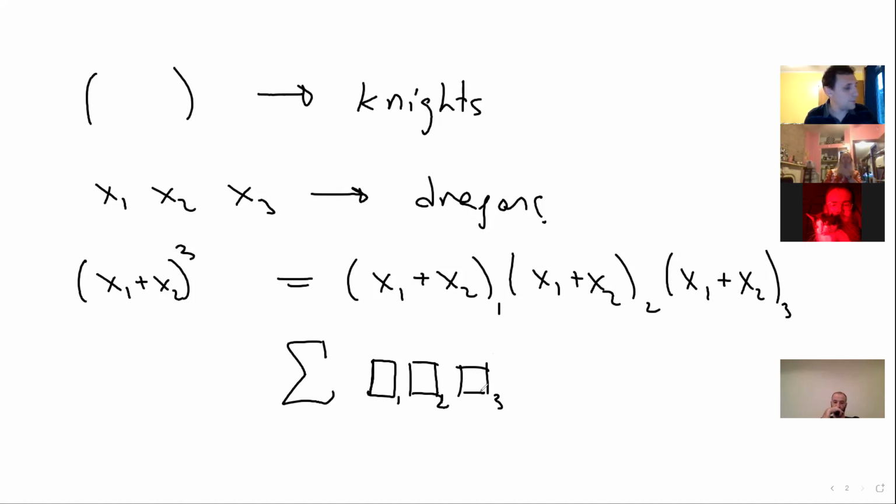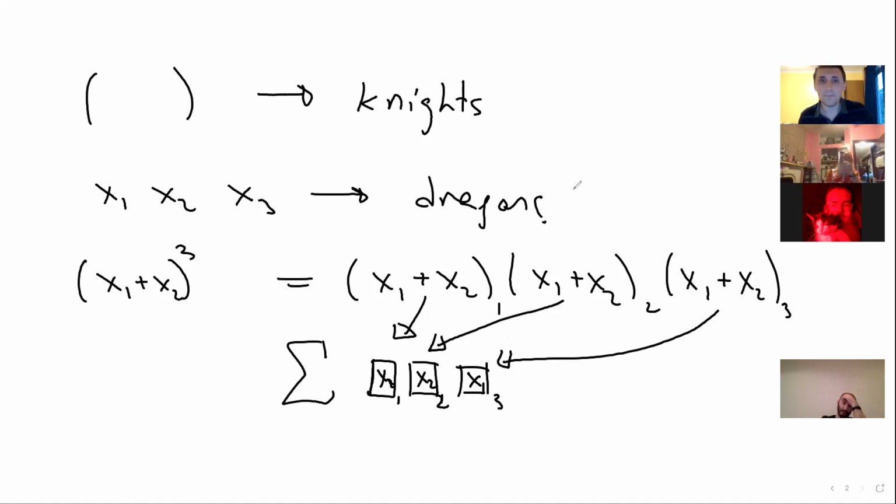So for instance, if I fill the first box with x2, and the second box I fill with x2, and the last one I fill with x1, what does it mean? It means parenthesis 1 was assigned to x2, parenthesis 2 is assigned to x2, and parenthesis 3 is assigned to x1.